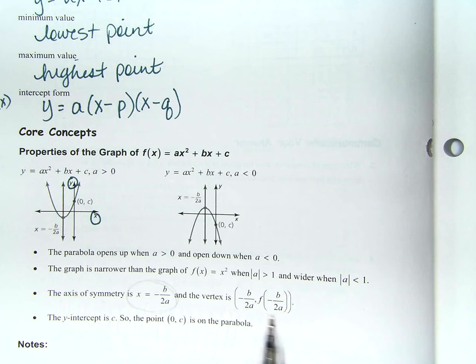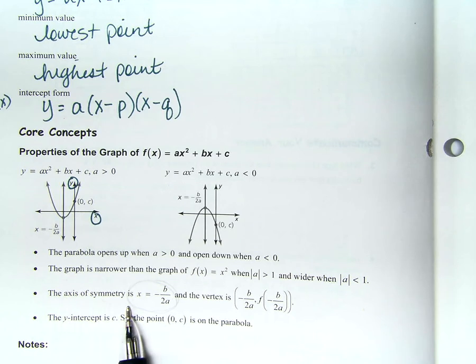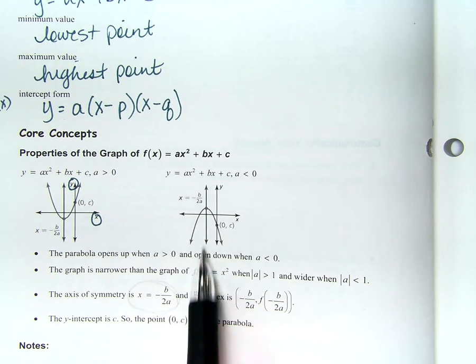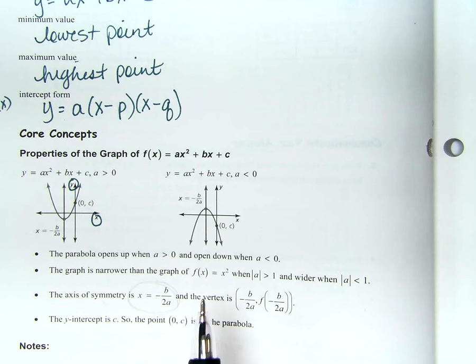All right? This, you totally understand this, but let me talk you through it so I can convince you that you understand it. Okay? The axis of symmetry is x equals negative b over 2a. You know it's x equals because it's crossing the x-axis. Both of these are crossing the x-axis, aren't they? So that's why it's x equals.